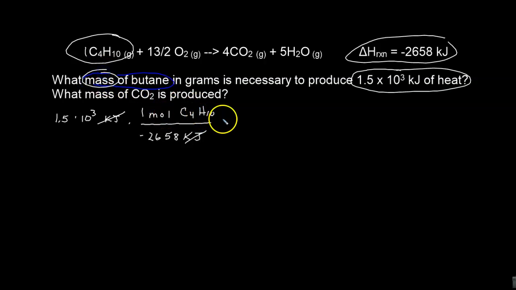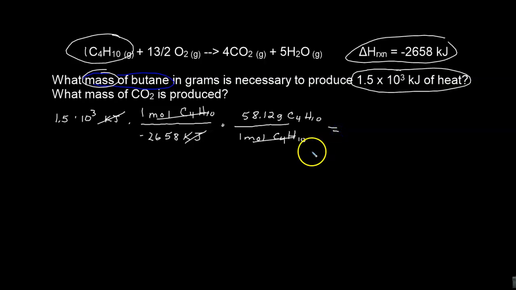It asks for mass, so now we're just going to do a mole to gram conversion. So 1 mole of butane, and I've got that calculated out for you. It's 58.12 grams.